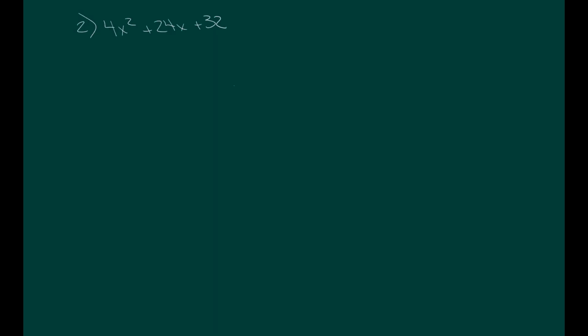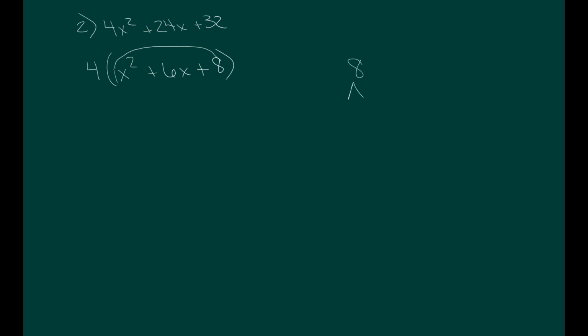All right, so we have 4x squared plus 24x plus 32. The first thing we do in every factoring problem is factor out the greatest common factor, which in this case is 4. I would be left with x squared plus 6x plus 8. Now, if I want to use the square method, I'm going to multiply my first term, which is an assumed 1, times that 8, and I'm going to get 8.